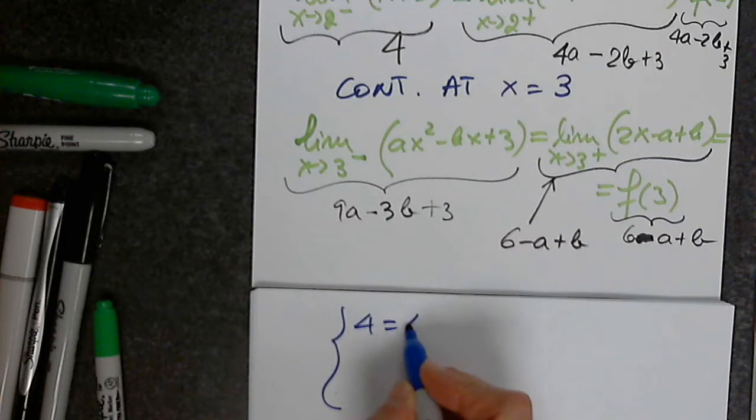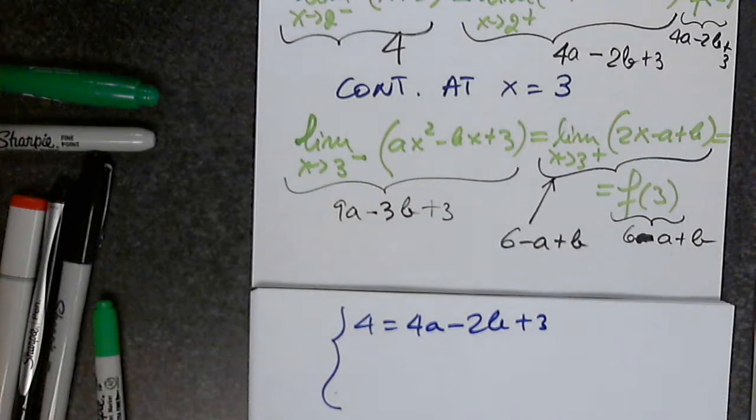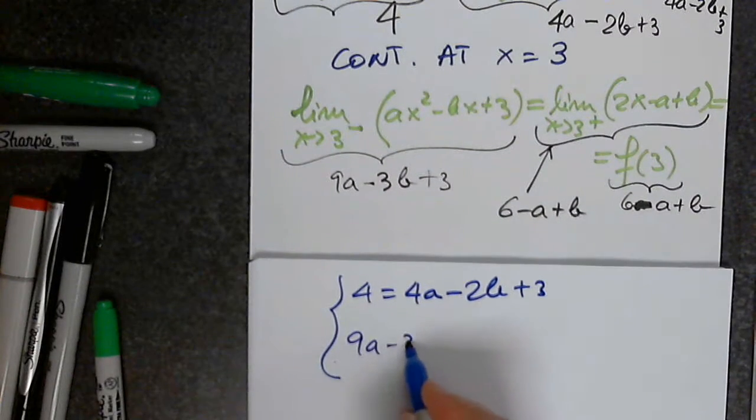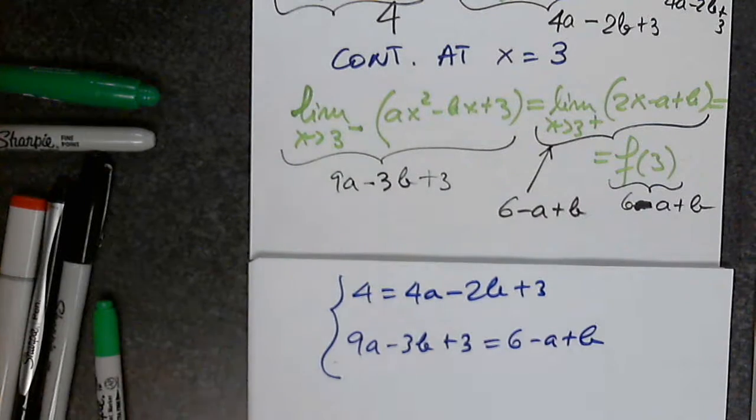4 equals 4a minus 2b plus 3. Excellent. Is it clear? Once I get a and b and I put them back in the function, would you say that it's guaranteed that this function is continuous everywhere?